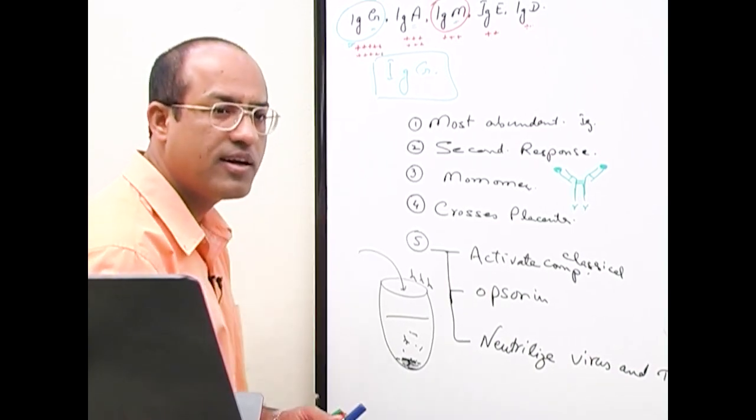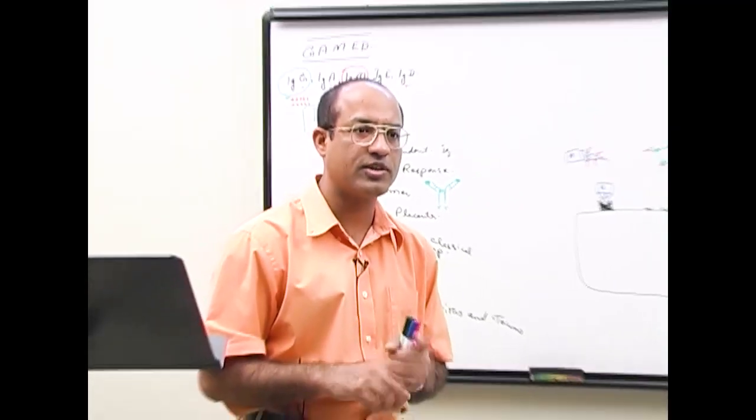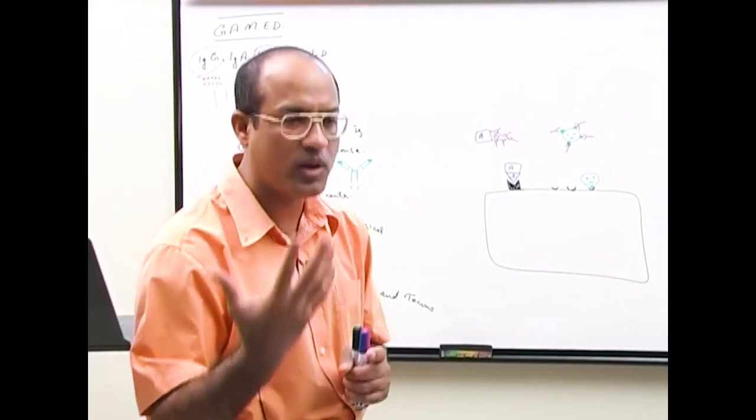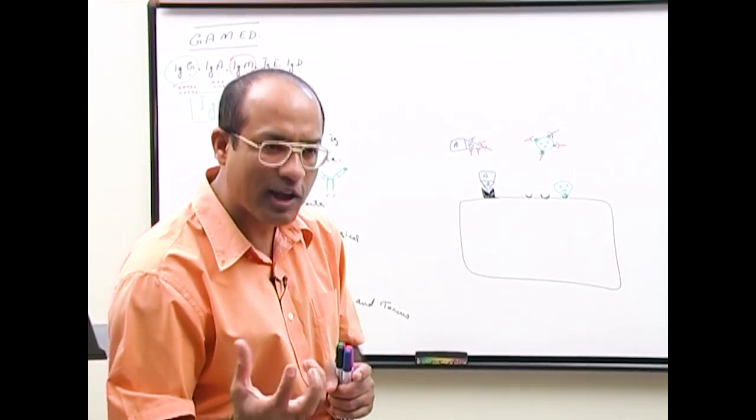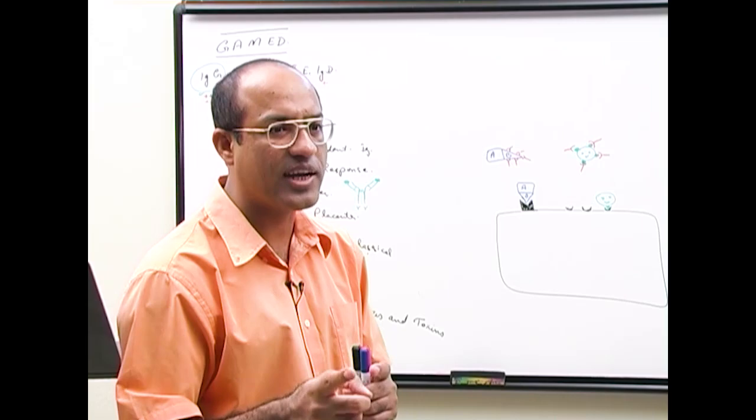So they play a role in precipitation reaction. So IgG can play a role in precipitation reaction, but IgG cannot play a role in agglutination reactions.